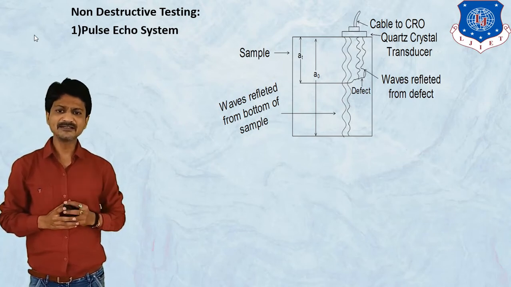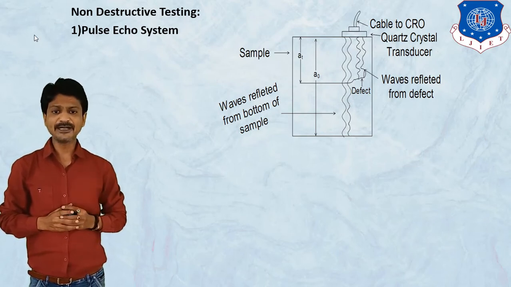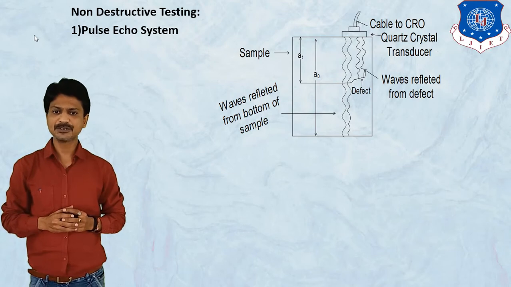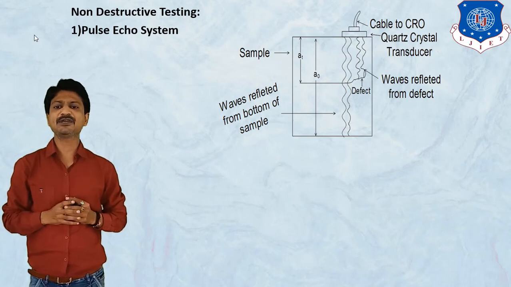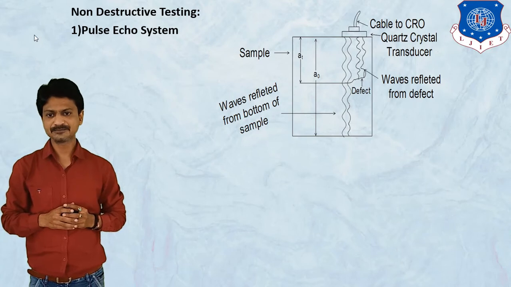We are transmitting ultrasonic waves through the sample. For better contact with the surface, couplants like thin oil or glycerin are used. Ultrasonic waves are sent at a given time interval from a pulse generator into the sample.